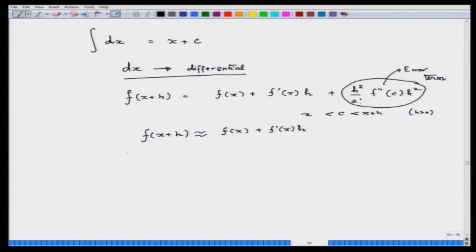Physicists have a habit of writing h as delta x. So what we can write is f of x plus delta x minus f of x is almost the same as the derivative f dash x into delta x.